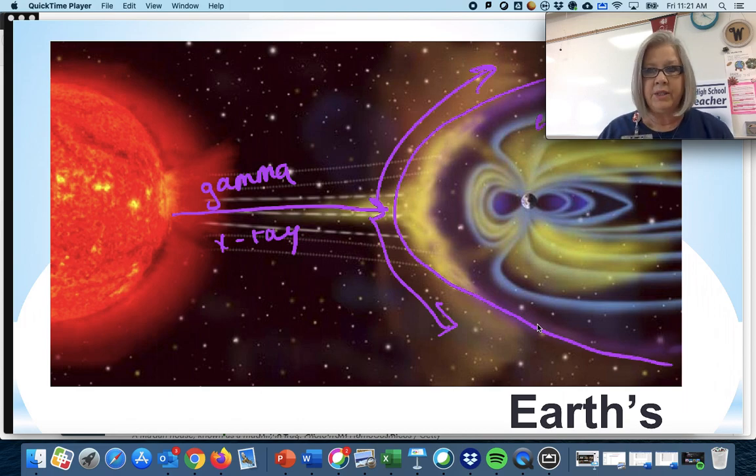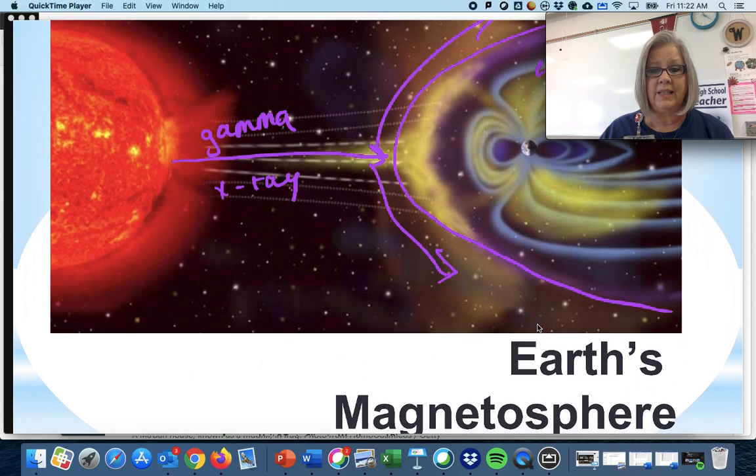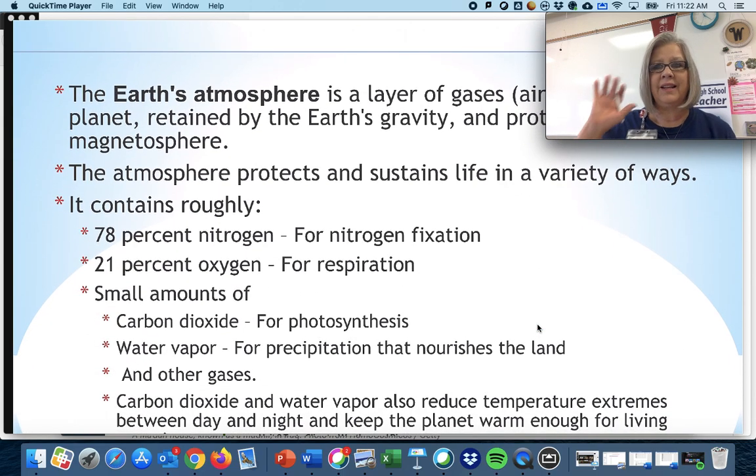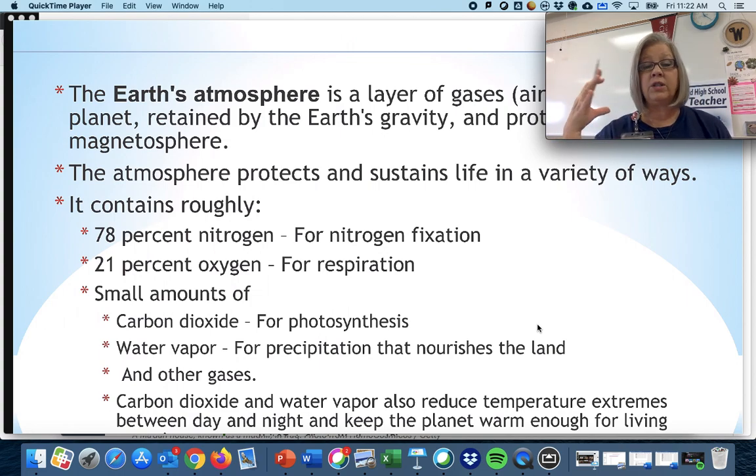Now, our atmosphere is actually held in place because of the magnetosphere. Because we are protected from the sun's radiation getting through, it helps to hold the atmosphere in place. Now, the Earth's atmosphere is actually an extension of Earth itself. We usually think about the fact that we're a rock, right? We're terrestrial, and then we have this atmosphere sitting on top of us.